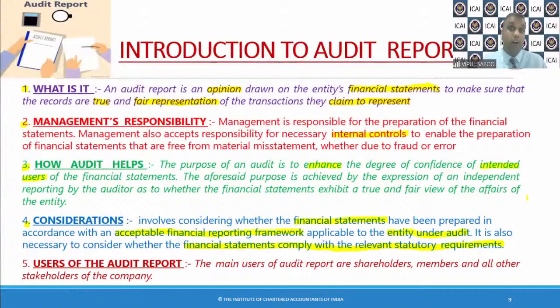Banks are banking companies, so the Banking Act is applicable and the Companies Act is also applicable. So the financial reporting framework will be as given by the Banking Act. But we have to take care that the financial statements comply with the statutory requirements of both the laws.